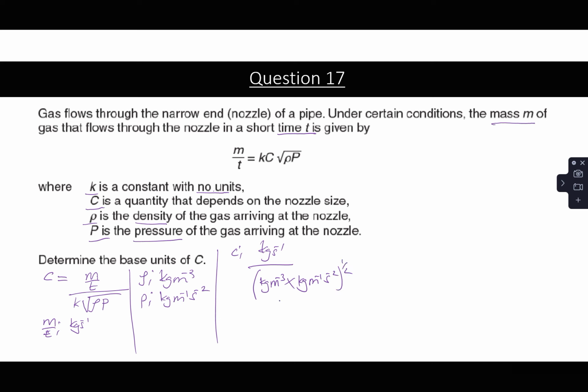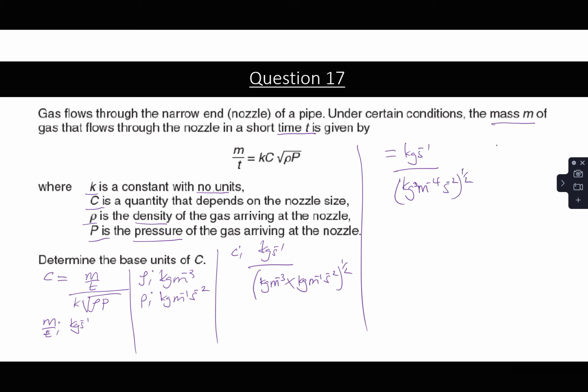Let's try to simplify this and see what happens. In the numerator we have kilograms per second, still divided by, in the denominator, kilograms squared, and meters power negative 3 times meters power negative 1, that is meters power negative 4. Then s power negative 2, but this is raised to power half.